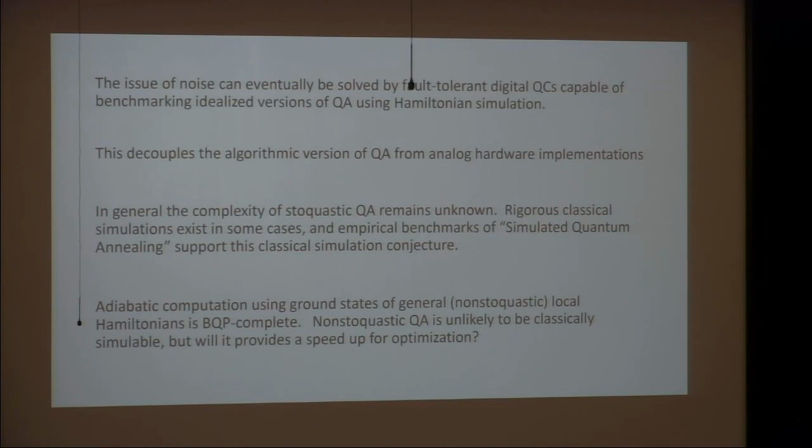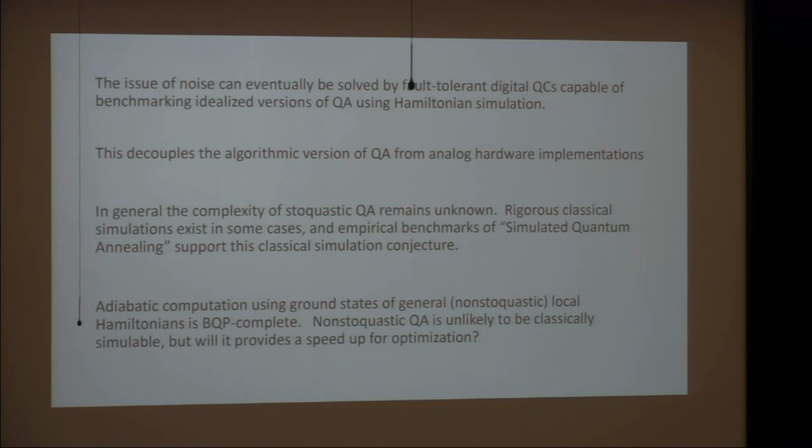Now, adiabatic computation, which is kind of like a theoretical, idealized version of quantum annealing, I'll clarify that soon, is known to be BQP complete in general when you use general local Hamiltonians that are not necessarily stoquastic.